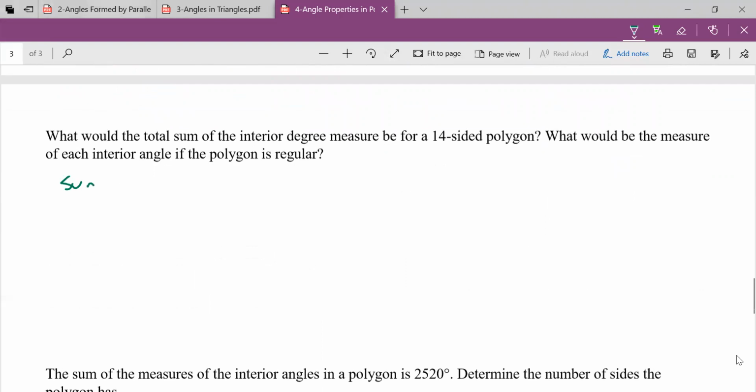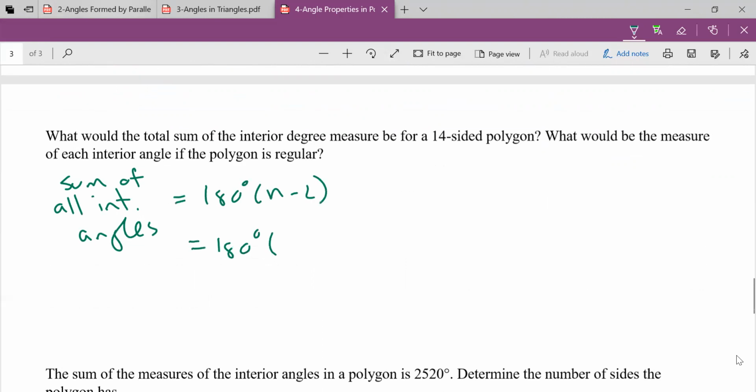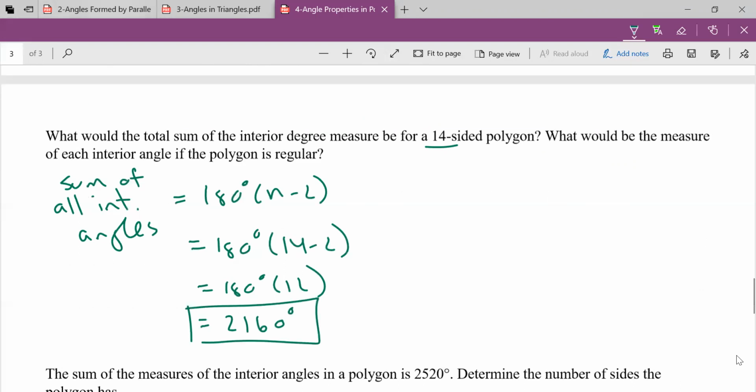Okay, so the sum of all interior angles is equal to 180 times (n minus 2), 180 times (14 minus 2) because it's got 14 sides, 180 times 12, and 180 times 12 is 2,160 degrees. Okay, that's the sum of all interior angles.